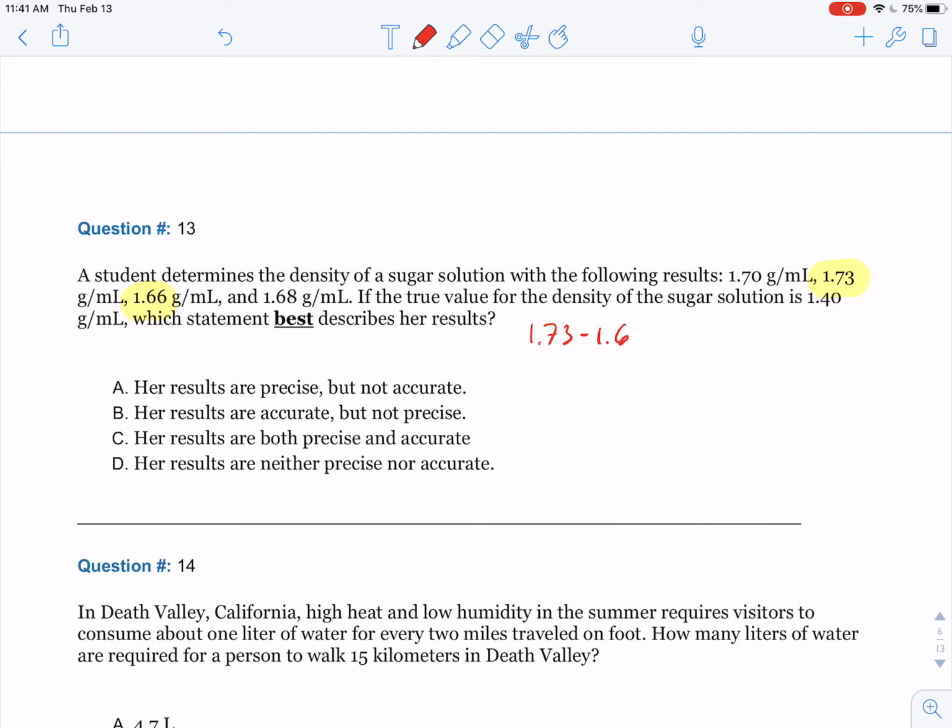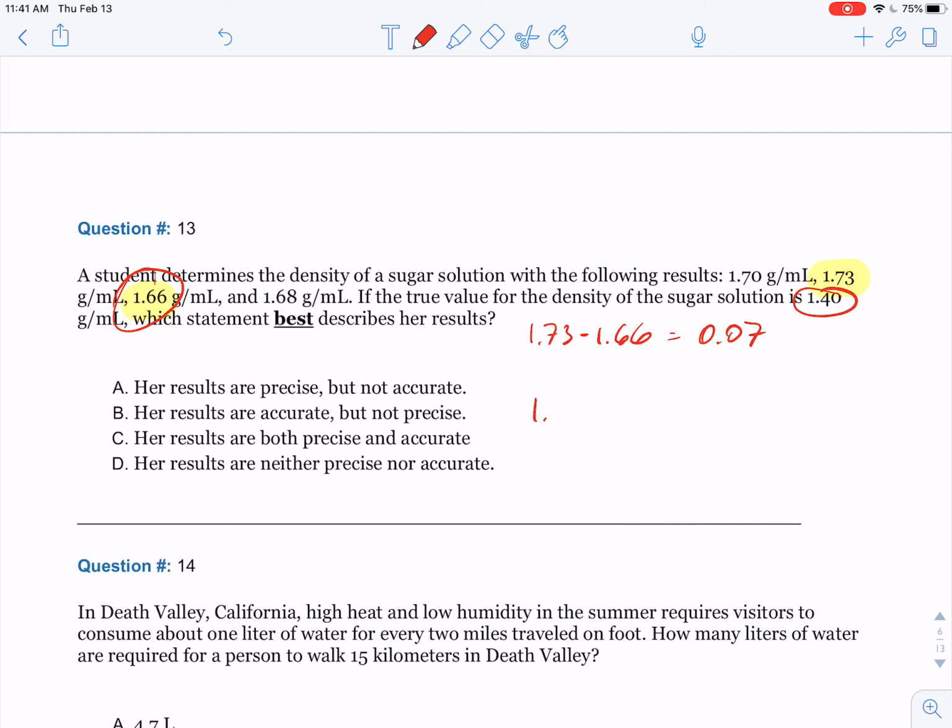173 minus 166. This is 0.07. Okay. Now, what is the smallest difference between those values? You can also approach with the average, but it's not necessary. So the smallest difference would be between this one and the actual value.